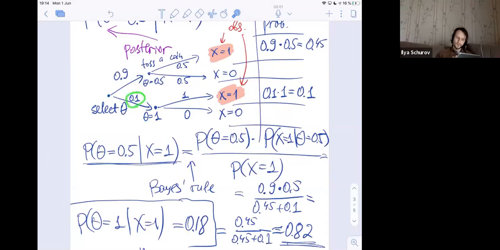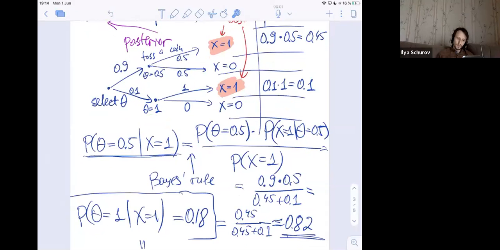This result increases the probability that theta equals 1. But even despite seeing x equals 1, we still believe in this option with much more confidence than we believe in this option. We still think that the probability is rather large, but a bit smaller than it was before we saw the data, because our data are in favor of bias of this coin.